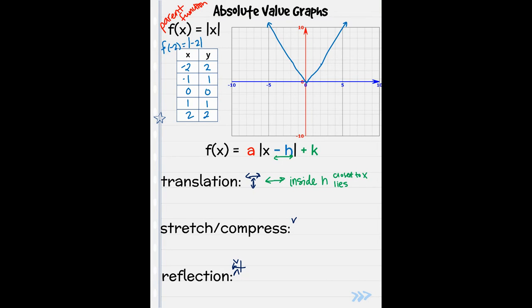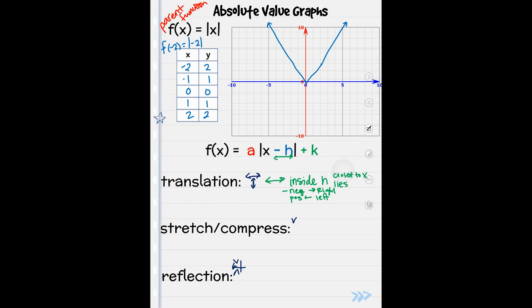What do I mean by that? The inside h closest to your x lies, so you go the opposite way than you would think. If it is a negative, you would think you would go left, but you're going to go right. The opposite is true: if it is a positive number inside, then you're going to go left. Inside, by the x, lies.